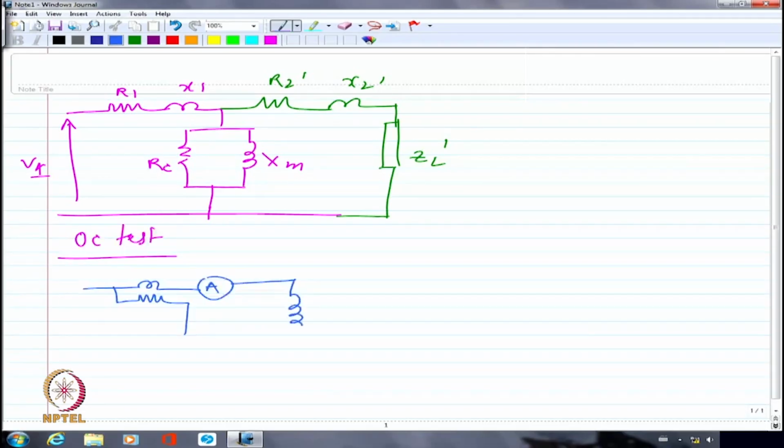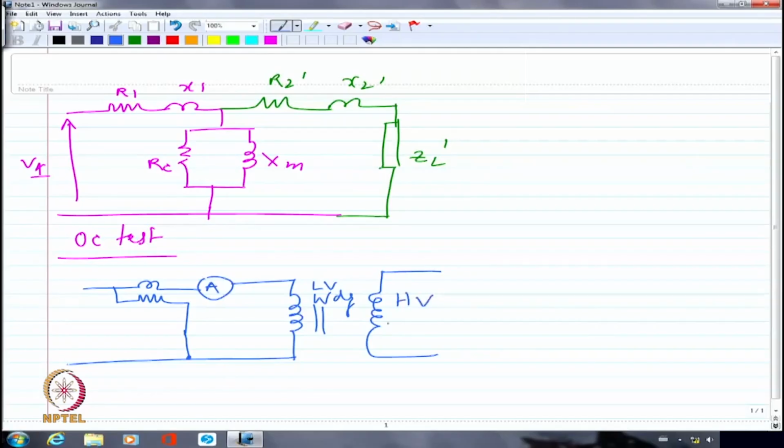We are going to call this as LV winding, whereas the winding which is actually open circuited is going to be HV winding, right? So now we will also measure the voltage what is applied here. We are going to call this voltage as V1. Whatever is applied is V1.